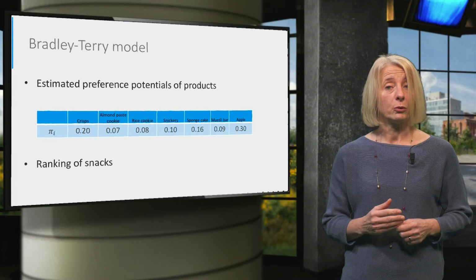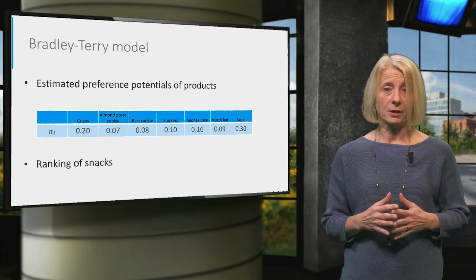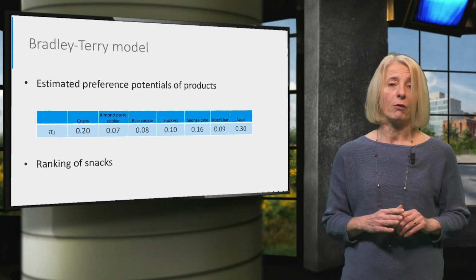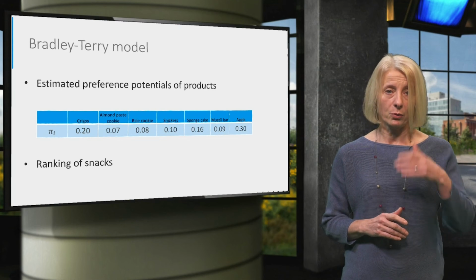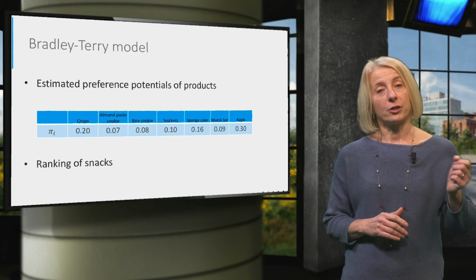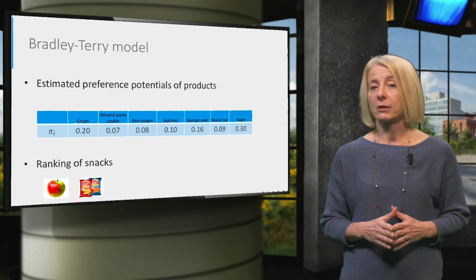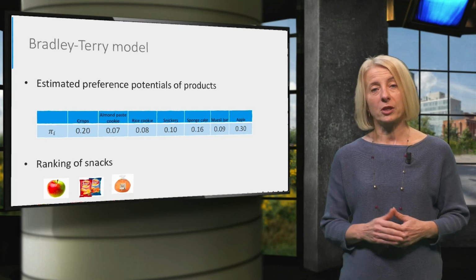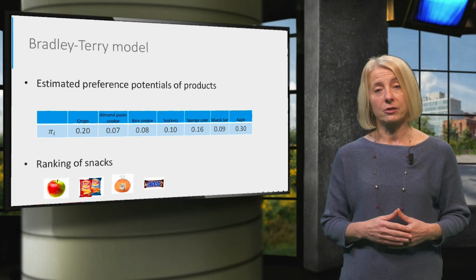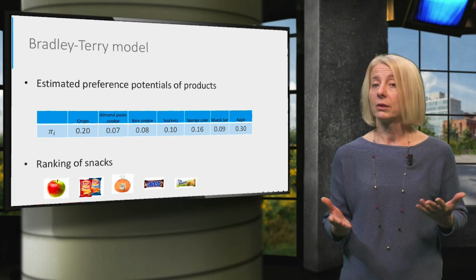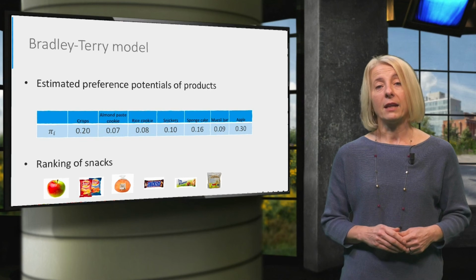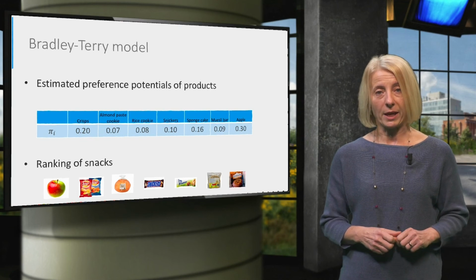Moreover, according to our 79 experts, the preference ranking of 7 snacks is as follows. First, an apple, then a bag of crisps, followed by a sponge cake, a Snickers, a muesli bar, a rice cookie, and finally an almond paste cookie.